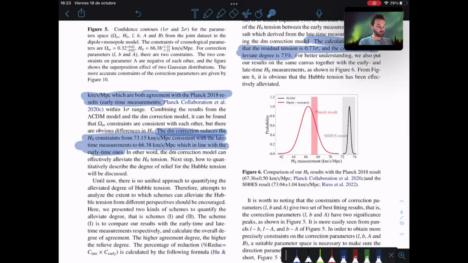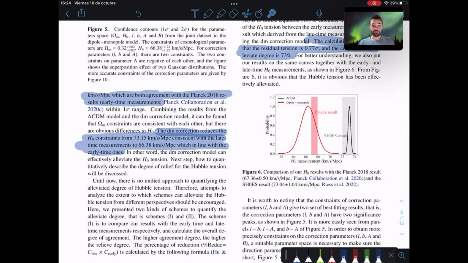So this curve describes the probability of these parameters being true. And as you can see, based on this new distance model, this should be consistent with an H naught value of around 67 kilometers per second per megaparsec.